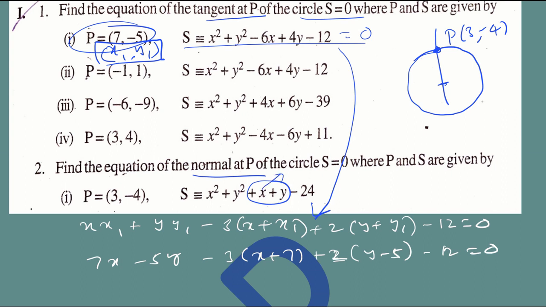Observe that 2gx, 2g is 1, so g is 1 by 2. Similarly, from here f is 1 by 2, so minus f means I get minus 1 by 2. So you got the center. Now this is the normal, you just have to find the equation to the line passing through these 2 points. That's all. I leave it there. You can complete the problem.